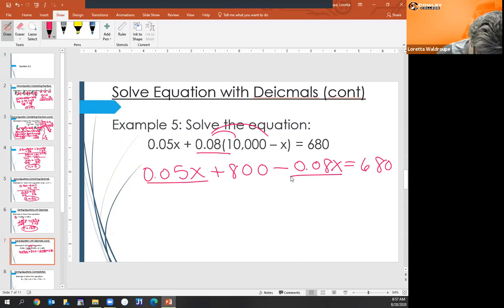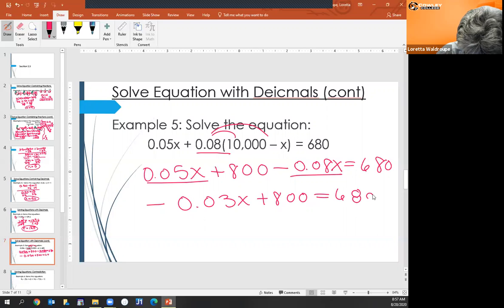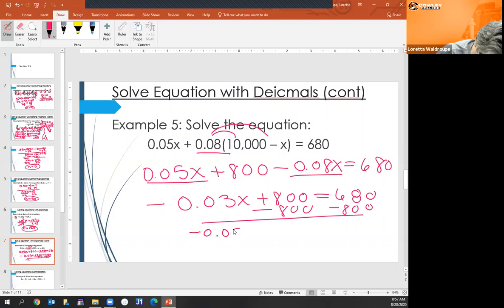0.05 minus 0.08 is negative 0.03x. I still have my 800. Subtract your 800 from both sides. Negative 0.03x equals negative 120.